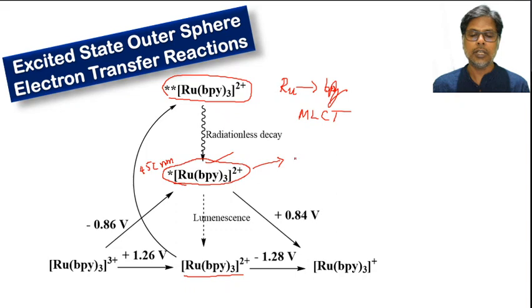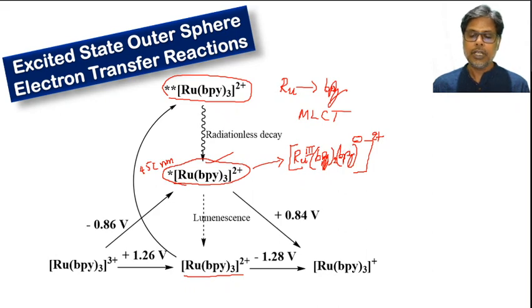So therefore we can write the formula like this: ruthenium 3 and BPY twice and another BPY with negative charge, and of course the overall charge on this remains the same, that is 2 plus.